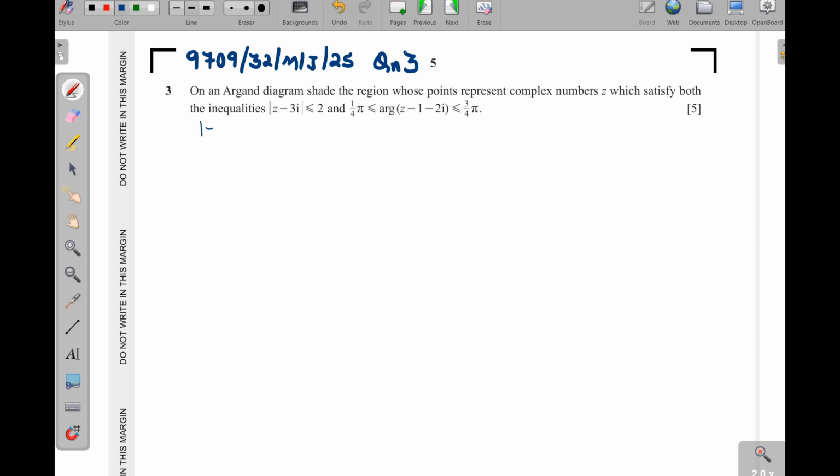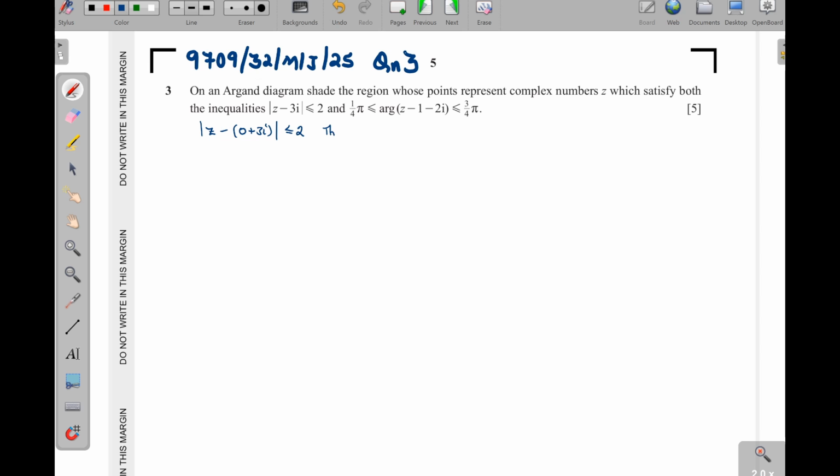This one is z minus, there has to be a minus, and then whatever is here, that is the center of that circle, and then whatever is here is the radius, okay? So minus 3, I can even write this one as 0, then plus 3i, because it has to be a complex number here, less than or equal to 2.